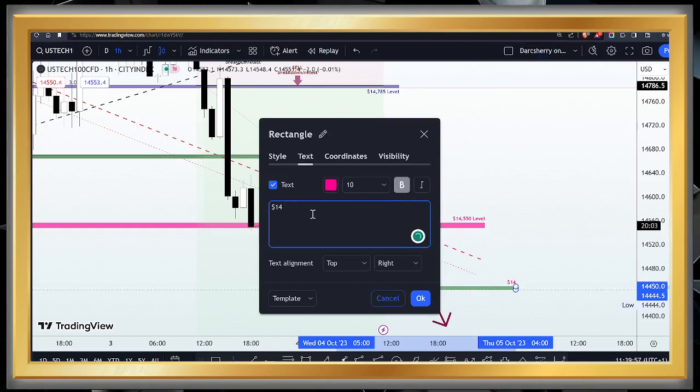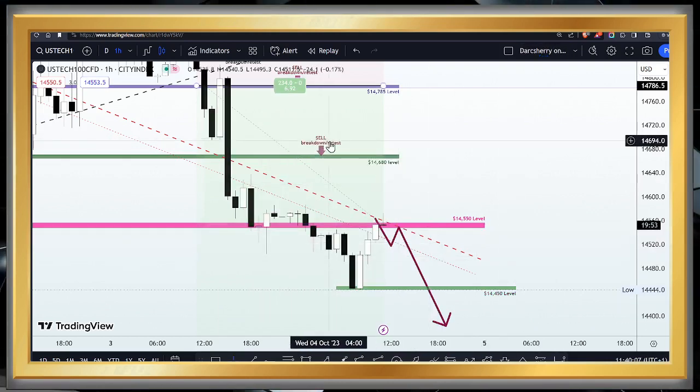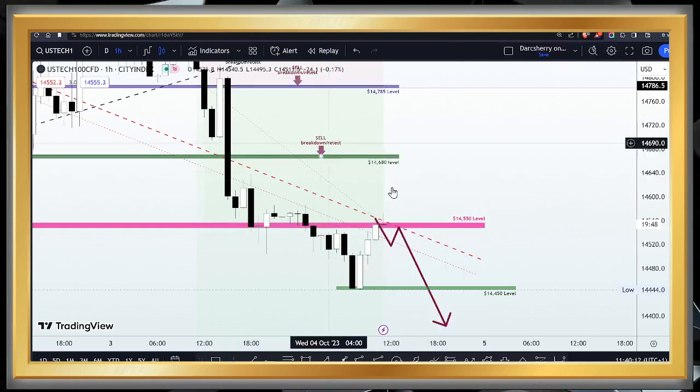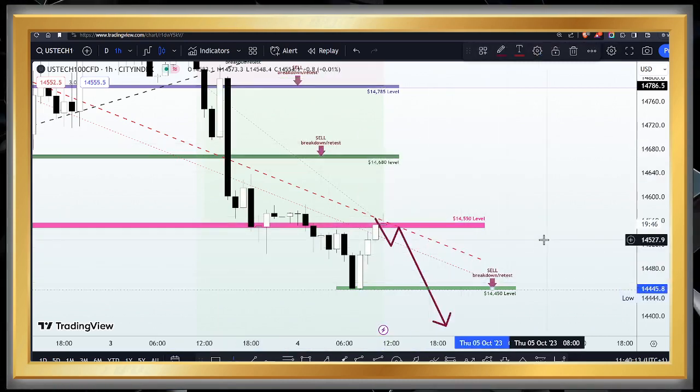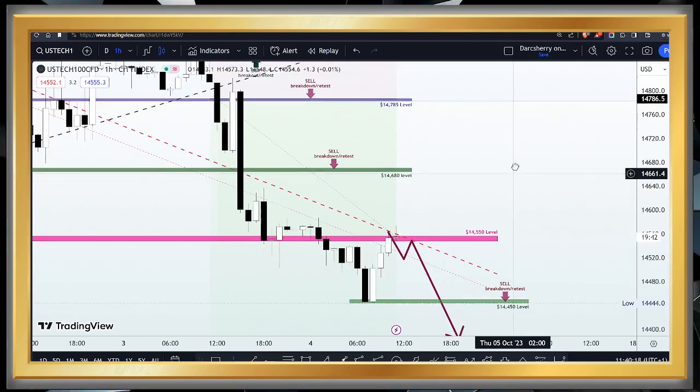So we have the 14,450 level. Please do mark that one out on your chart too. So we give it a green color. Beautiful. So if price action continues to drop and it breaks down the 14,450, we'll definitely be adding more sell positions to our existing trade.